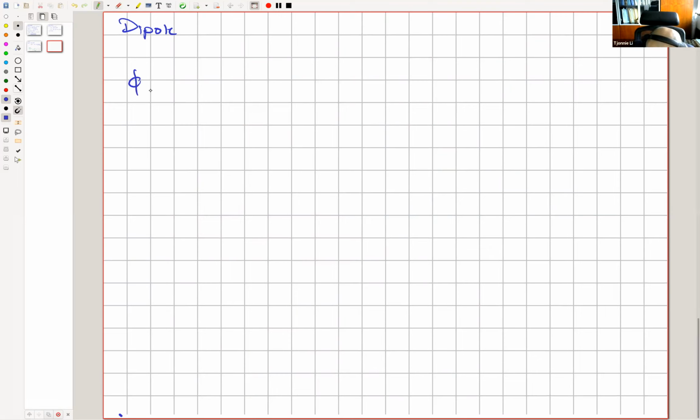I get phi of the dipole is now given by Ke over R, the integral of rho as a function of R prime, then R hat dot R prime divided by R, in V prime, which here is simply equal to Ke over R squared.